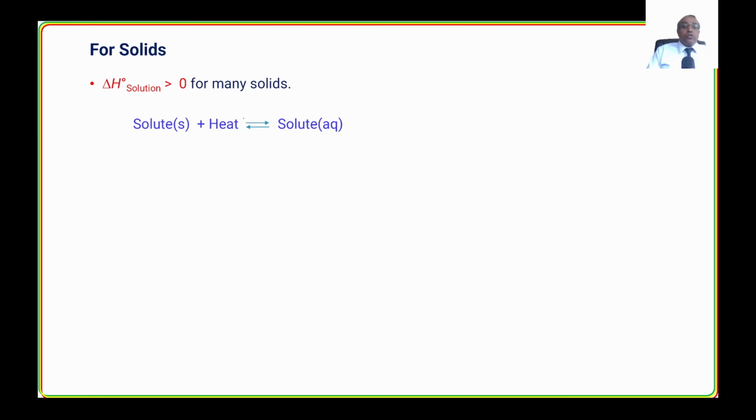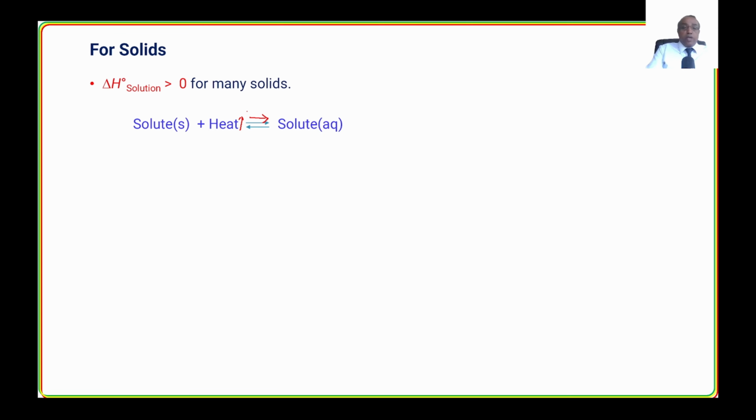So in the case of endothermic processes, heat is added before the arrows, which means if you increase temperature over here, and apply the Le Chatelier principle, the equilibrium will shift toward this direction, which means for an endothermic process, the solubility of solids increases as temperature increases.